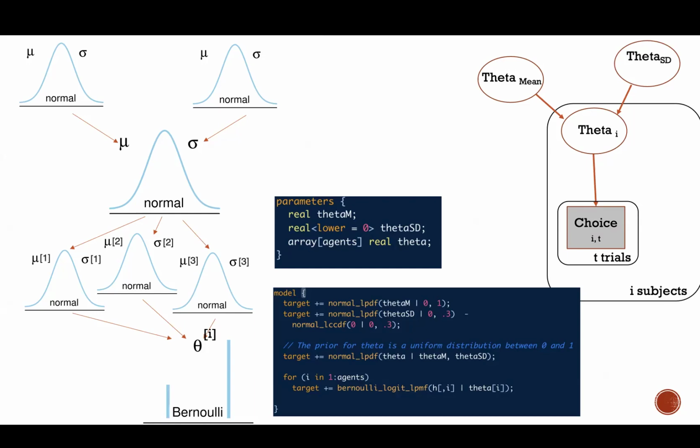The reason we're using target is because we want to remember that at every iteration, the log posterior probability, the thing we're trying to estimate and the thing that is going to determine where we're going next, is determined at the same time by all the things that have target in front.